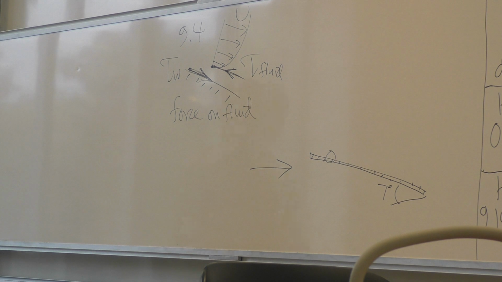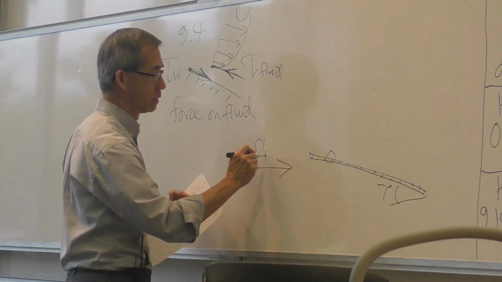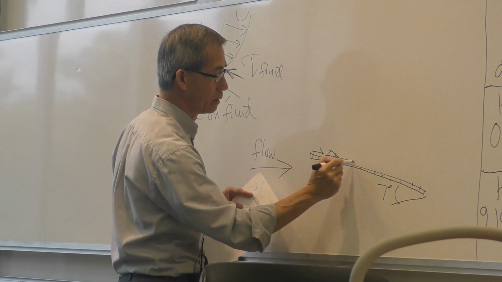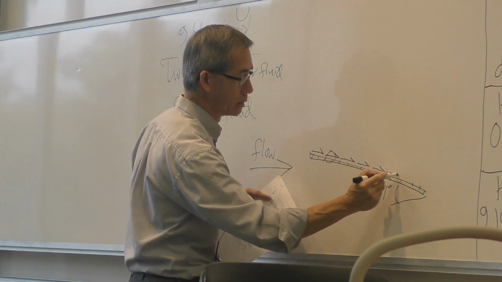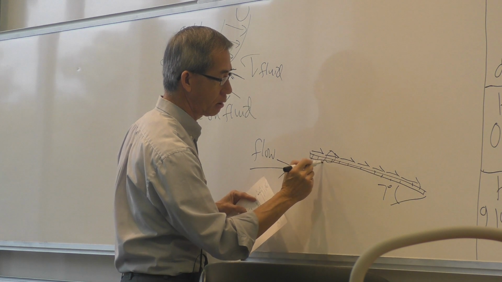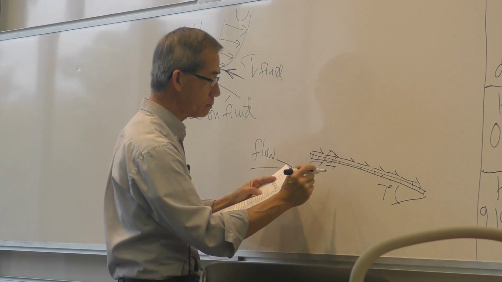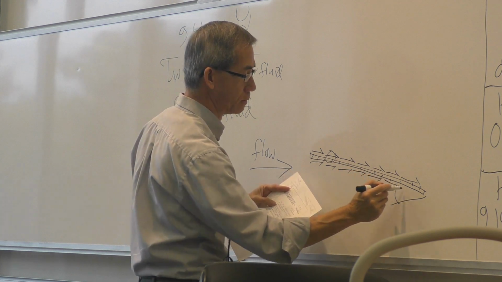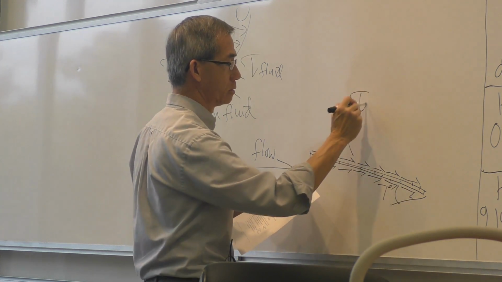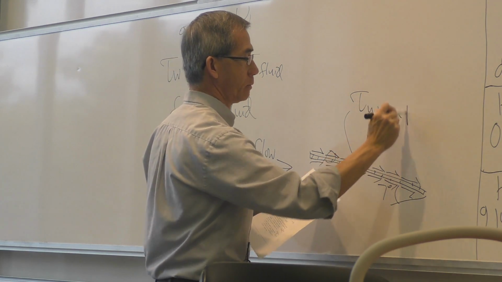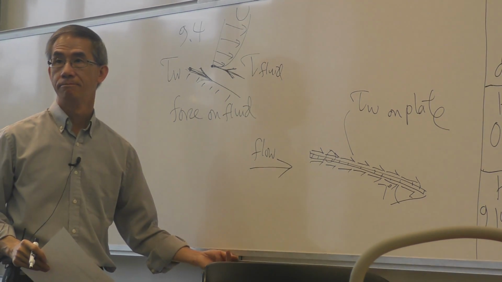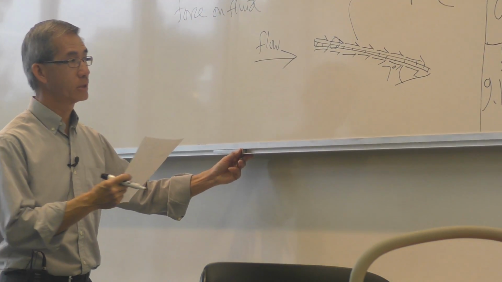So if you look at that and you consider all those elements on the plate, that's all pointing in the direction of the flow. So those are shear on the wall, on the plate. You sum them all up, add them all together.